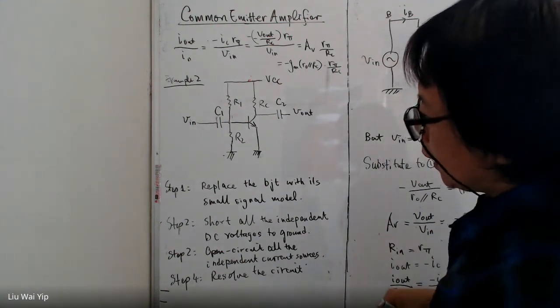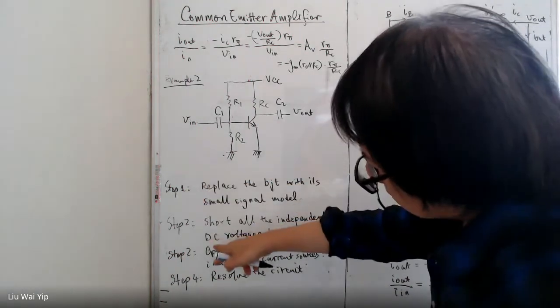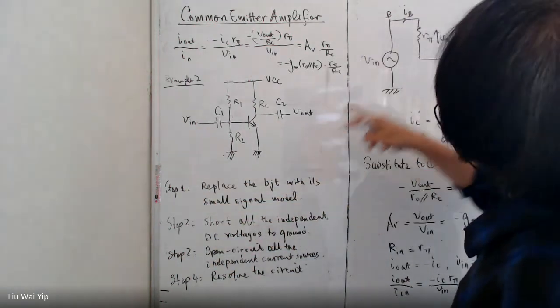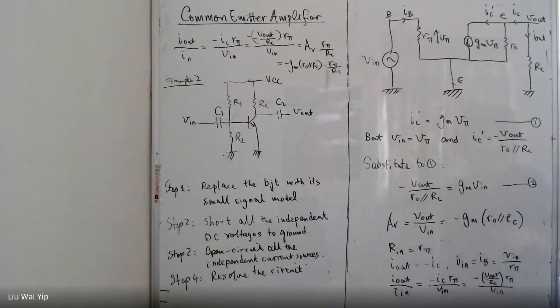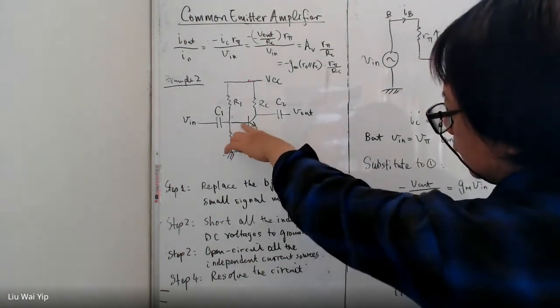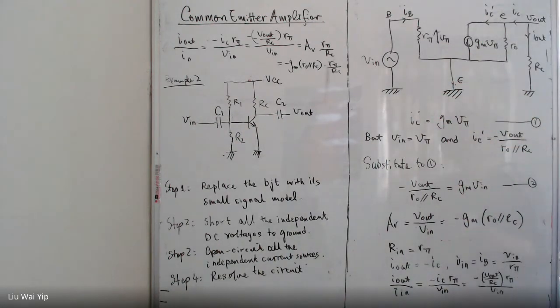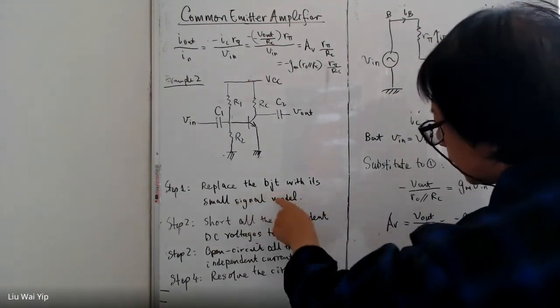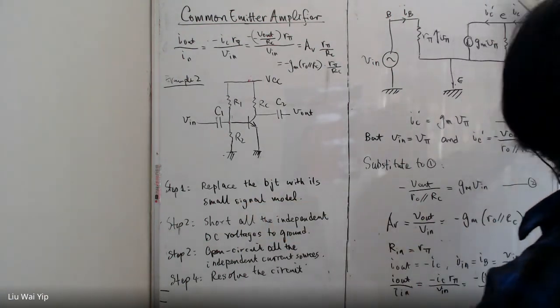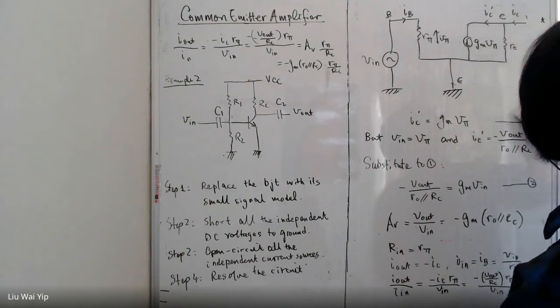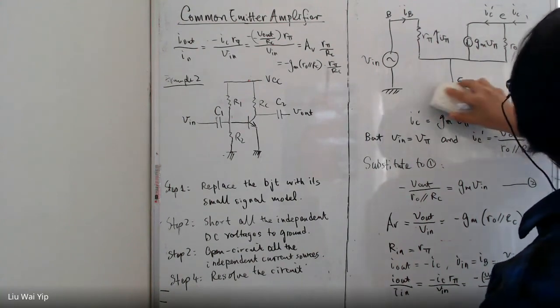Now, we can follow the same steps, same procedures, to solve this problem. First thing that we need is to replace the transistor with the pi model or any other small signal model. So we do that first, assuming that we don't know the circuit.